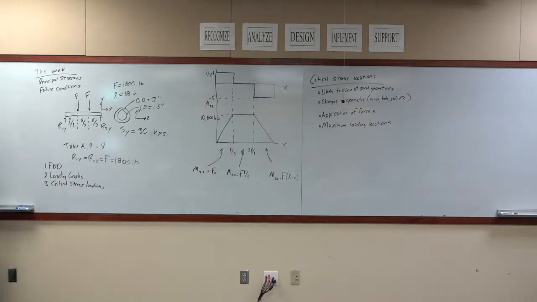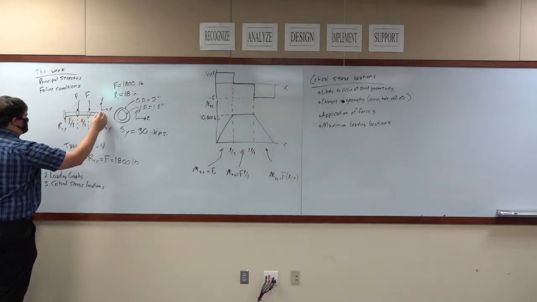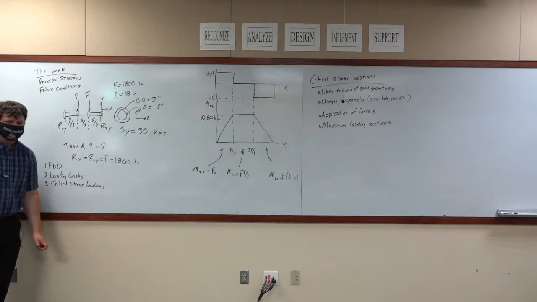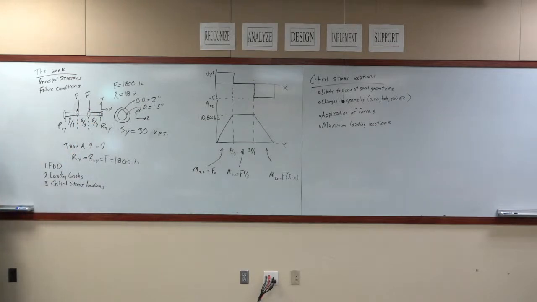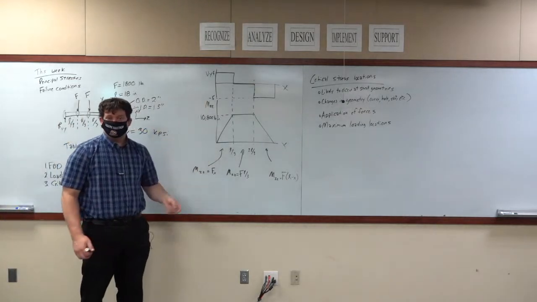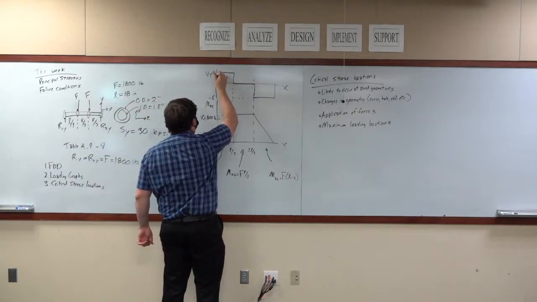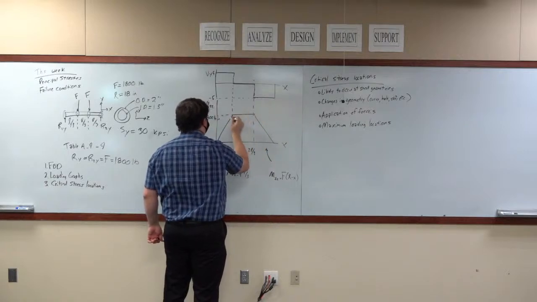We have forces applied at 4 locations. Here, here, here, and here. Automatically you should be looking at those spots. We plotted these diagrams. We have maximum values here, here, and here.